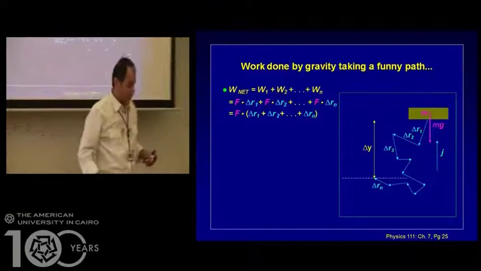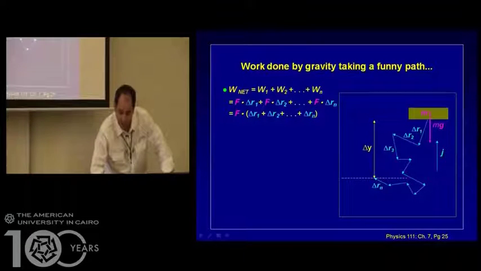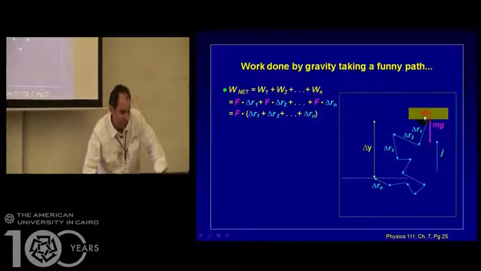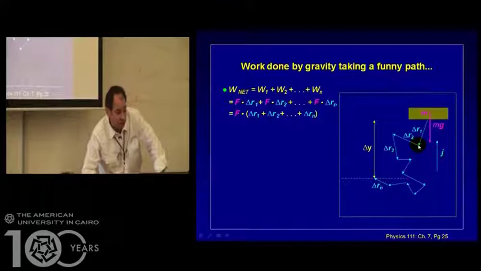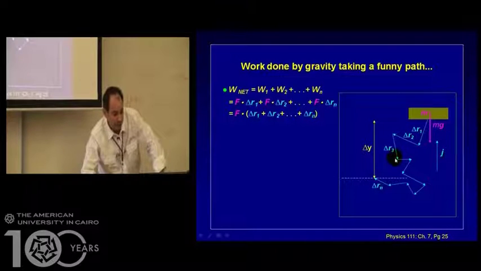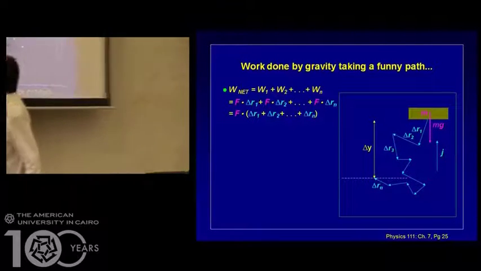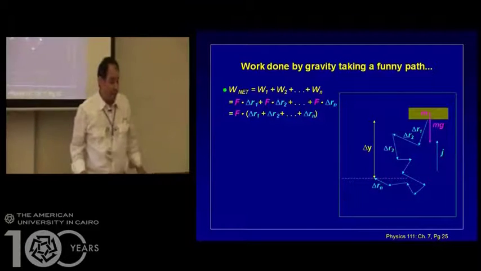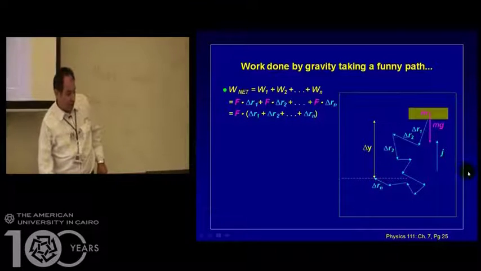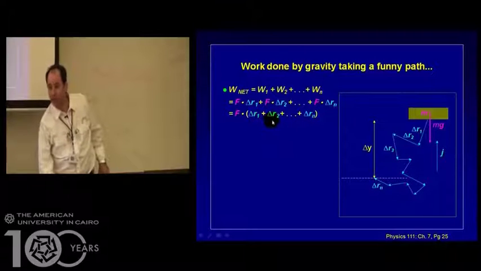So the work done in that case is going to be the work to move it from here to here, which is the gravitational force F dot delta R1, plus mg dot delta R2, plus mg dot delta R3, plus mg dot delta R4, and if you keep doing this and add all those together, it's going to be F dot (delta R1 plus delta R2 plus delta R3 plus delta R4).